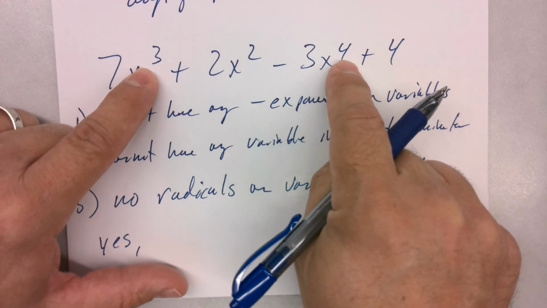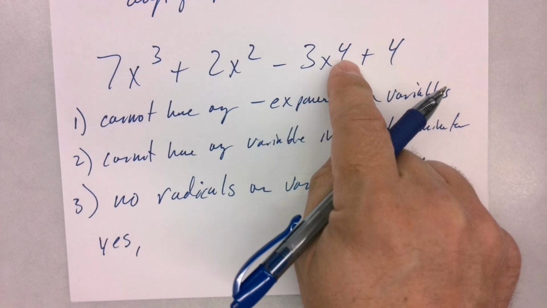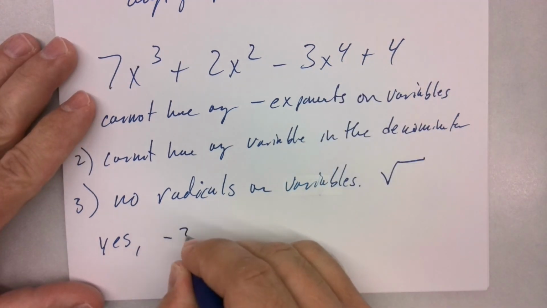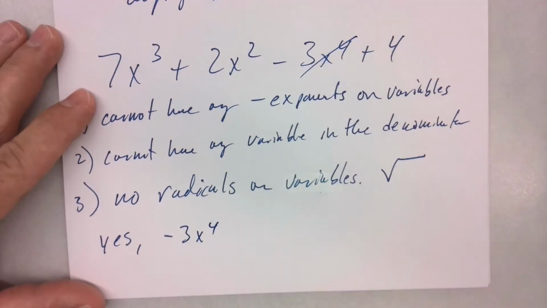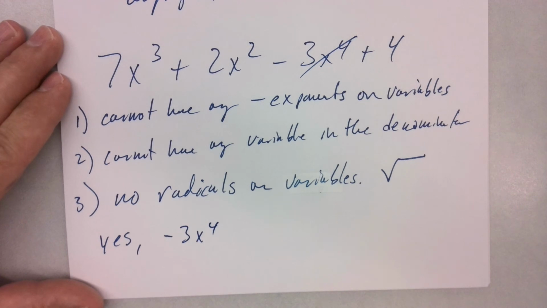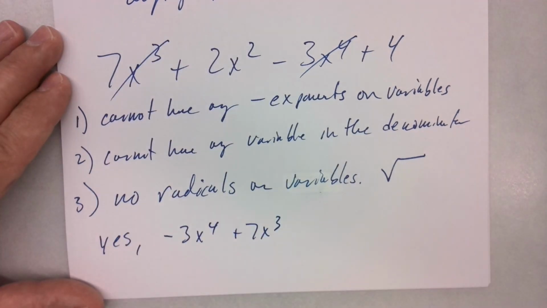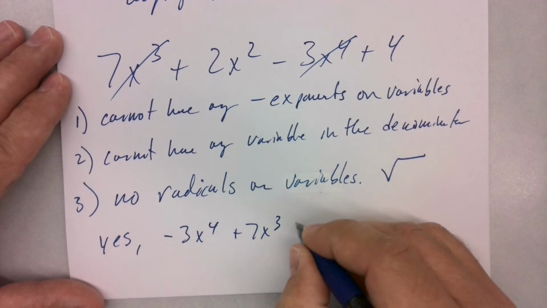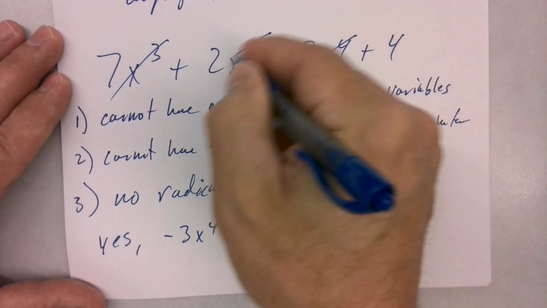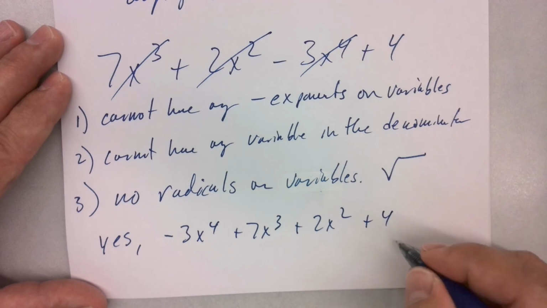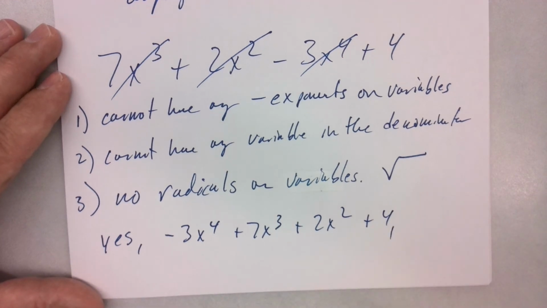Last time I checked, 4 was bigger than 3, right? So it should be negative 3x to the 4th. Then plus 7x cubed, then plus 2x squared, and then plus 4. Now it's written in standard form.